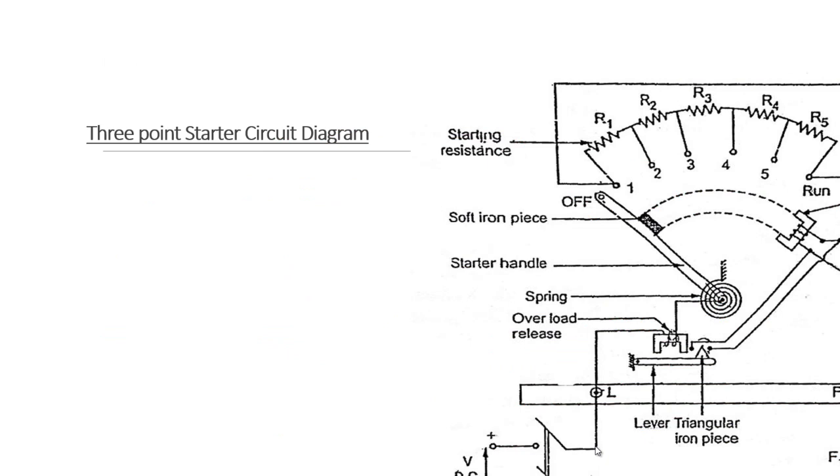So this is a 3-point starter circuit diagram. These are the resistors and these are the points 1, 2, 3, 4, 5 called studs. Here this is a no volt coil.